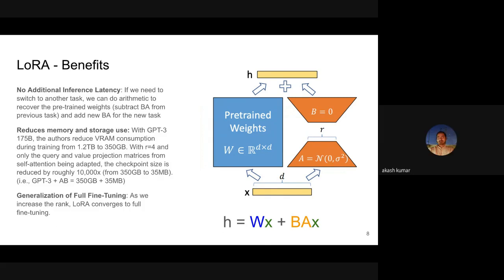Okay, so the performance of the model increases as we increase the rank R? I think you can see it as that, but in some of their experiments they mention that they get better performance with lower rank.